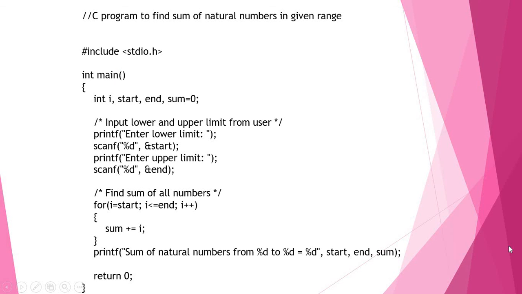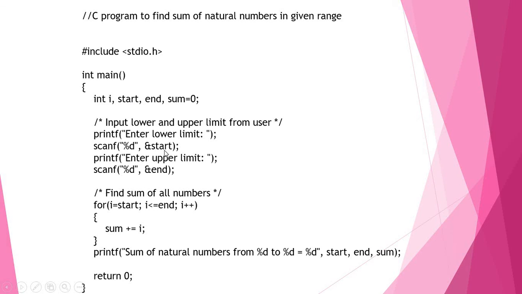Next program, to find the sum of natural numbers in a given range. If you want to set a range, over here we have used two variables, one for the lower limit and the second for the upper limit. That's why we have used two different variables.